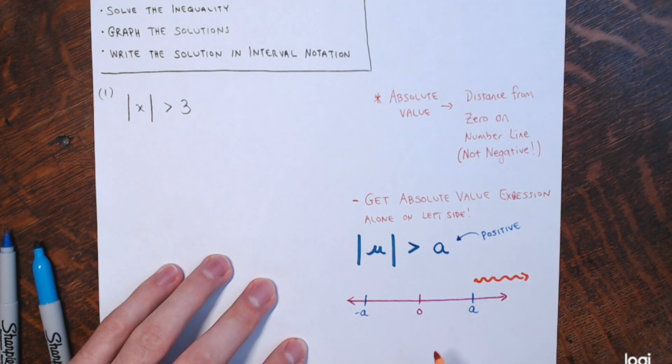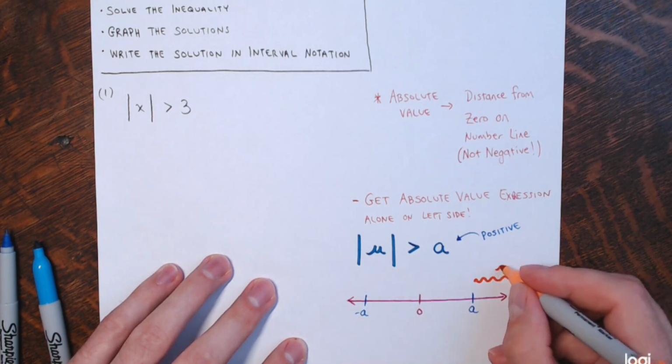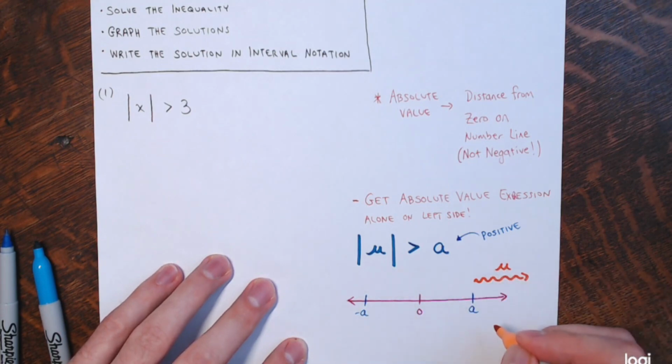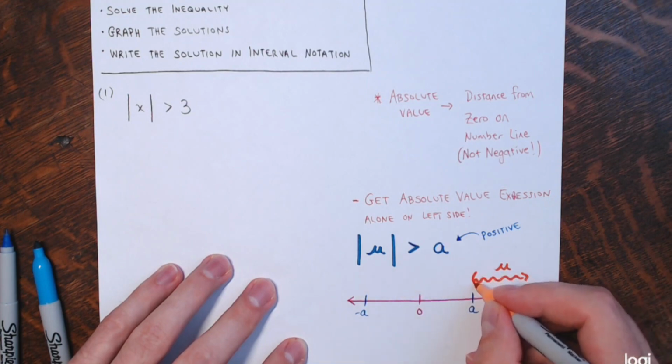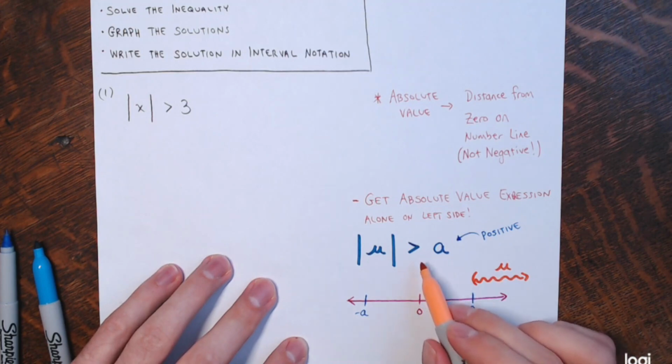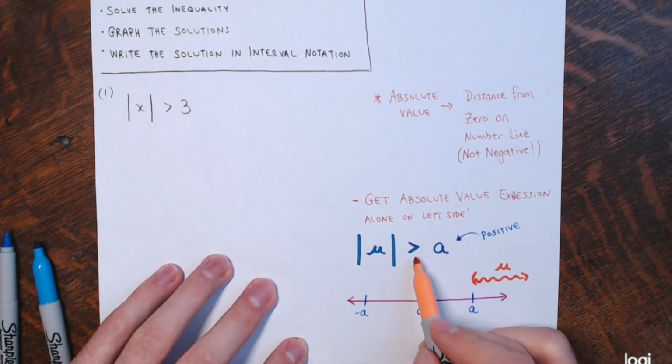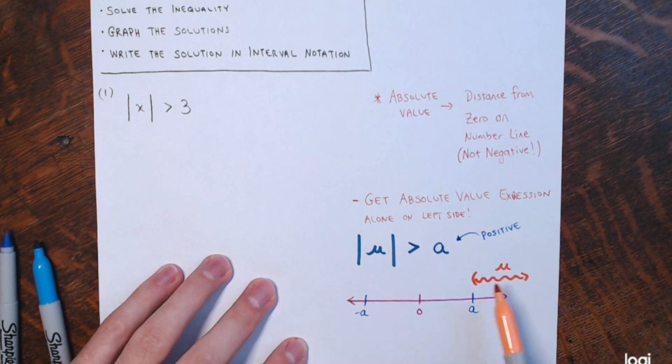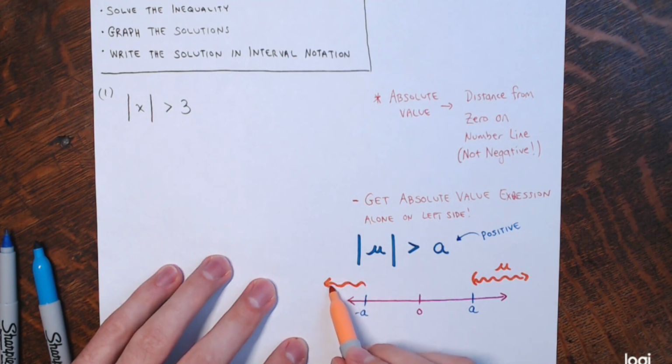They have an absolute value greater than A. So U could be one of these numbers, but not A itself, so an open point or parentheses on that, because A has an absolute value equal to A, not greater than A. This is strictly greater than. So U could be one of these numbers to the right of A, but it could also be one of these numbers to the left of the opposite of A, but not the opposite of A itself.